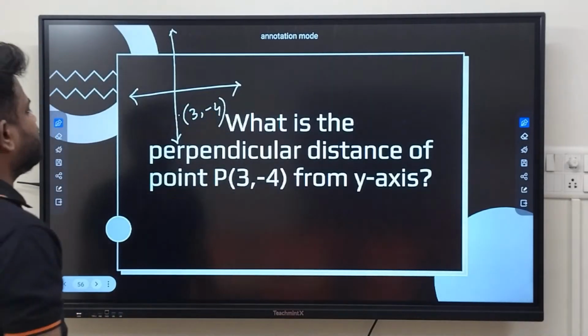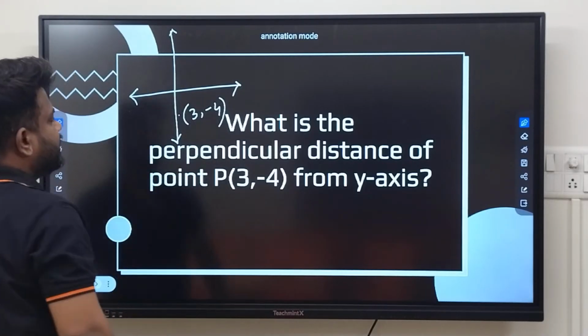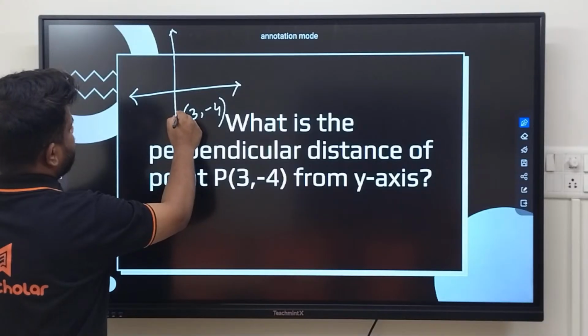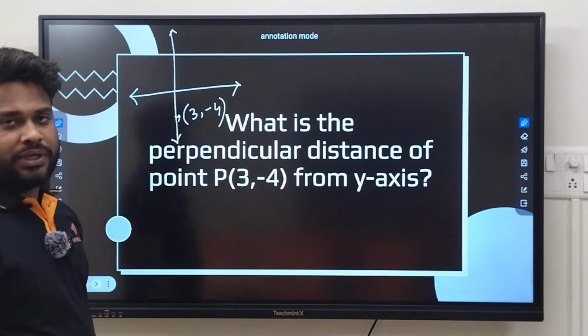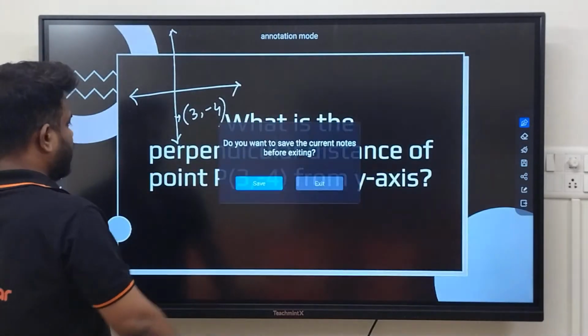You have to find the distance from the y-axis. So the distance from the y-axis will be just these 3 units, because the point is 3 units away from the y-axis. Okay, right?